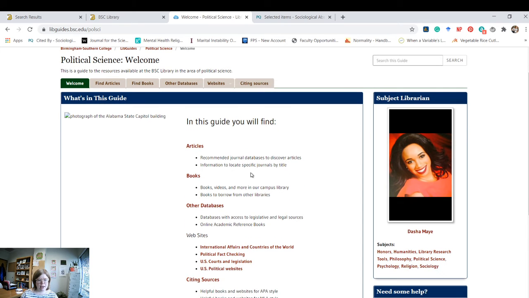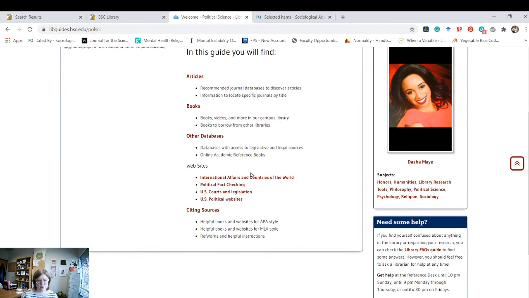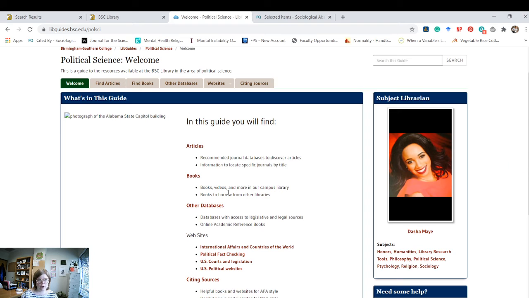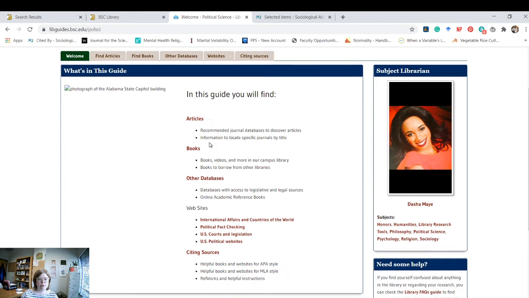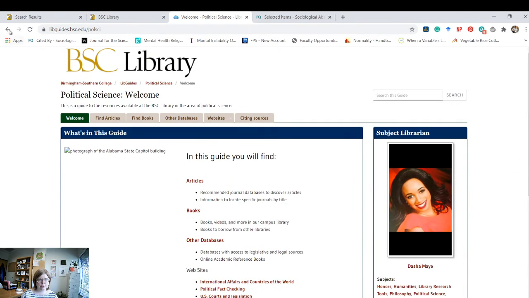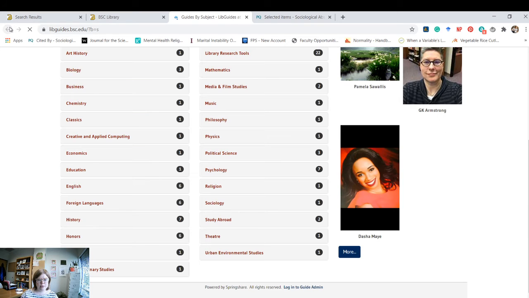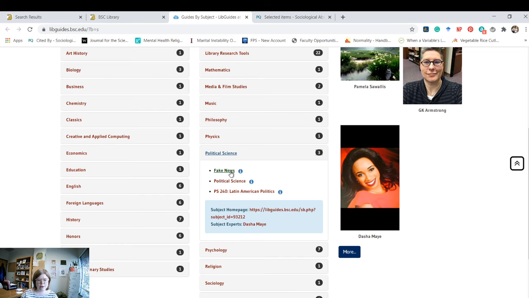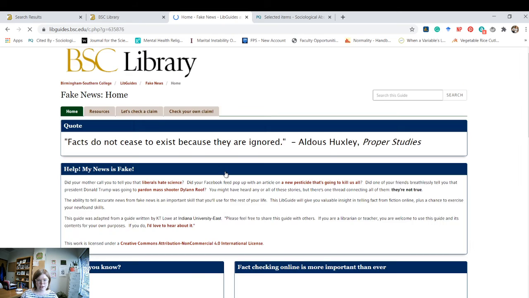And Dr. May has created a research guide for you to help you find articles on political science. I know at least one student wants to do research on conspiracy theories, so this fake news research guide might be really interesting for you.